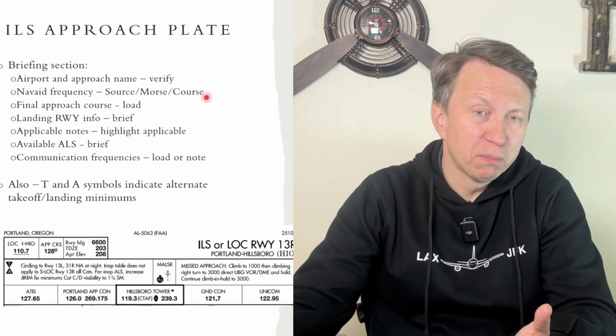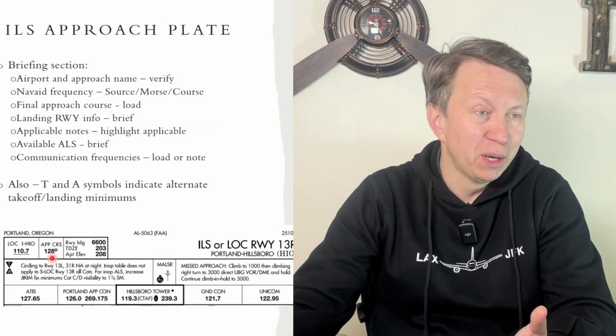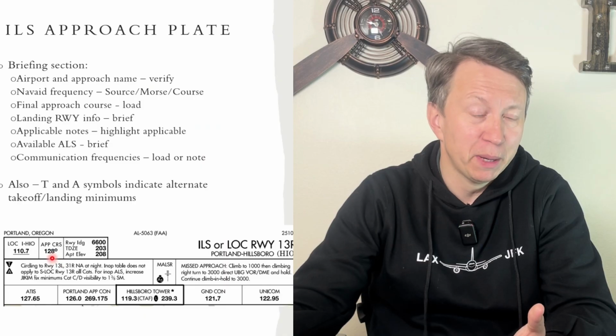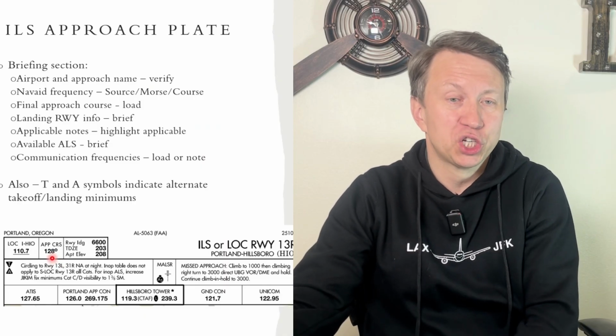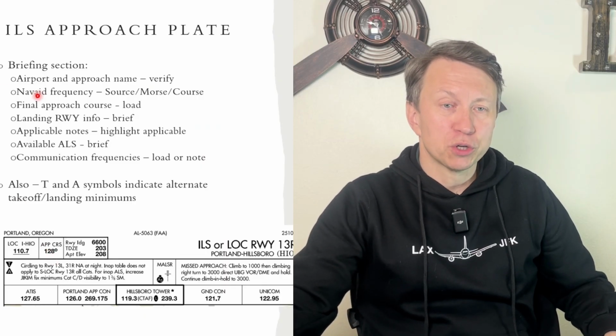Now, it's not as critical for ILS, it's more for VOR, but if you have loaded a correct approach and loaded it properly, the 650, for example, will set the course automatically. And if you see it's matching what you expect, that's just one more check to confirm that you are loading the correct approach. So that's the course.